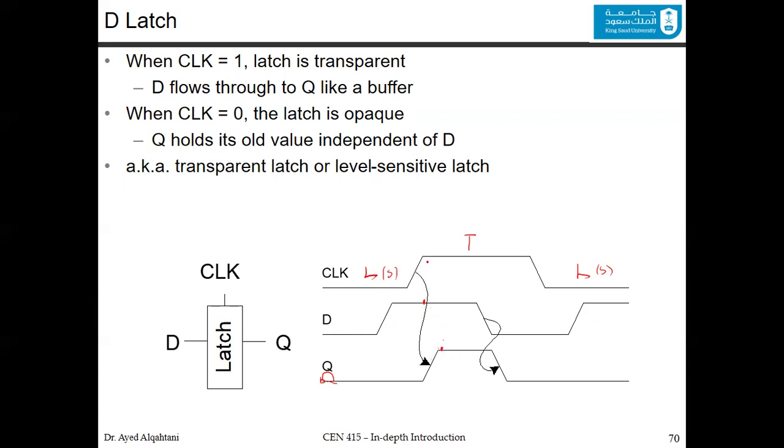Now, during the transparent phase, D is changing, so you copy the change in the output. Once the clock is low, so you are latching or saving, you no longer look at the changes in D at all. You save what you had before. Whatever the value, which is 0, you continue and have the same value, as you can see.